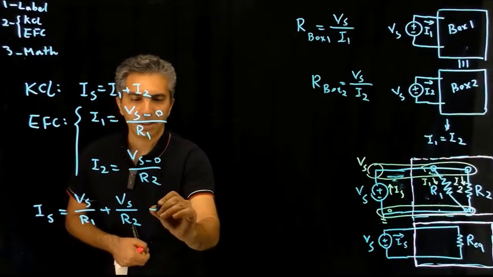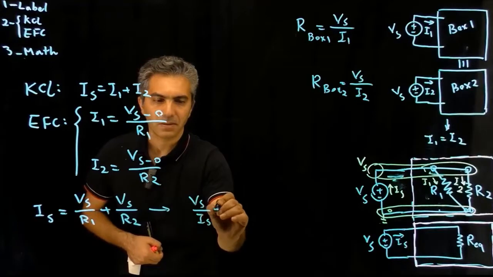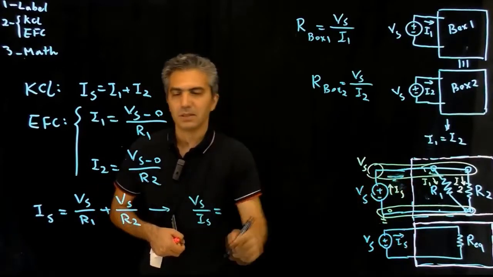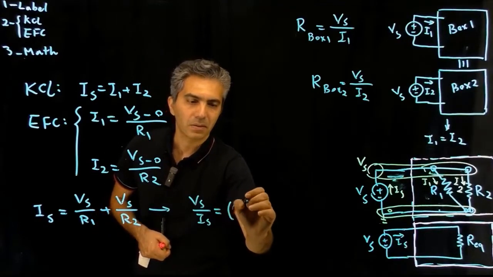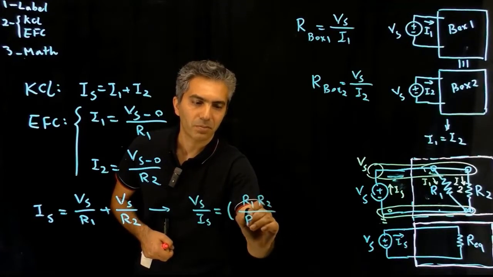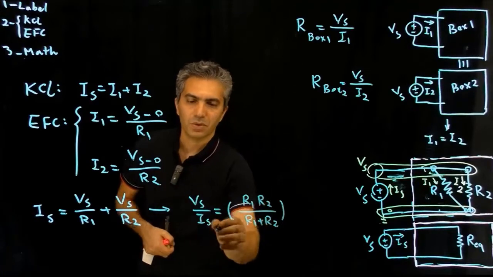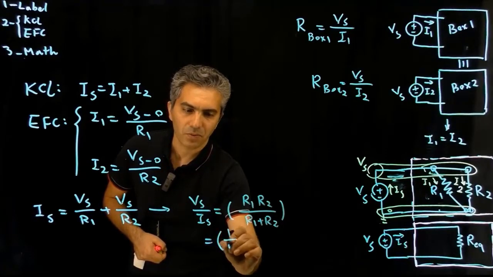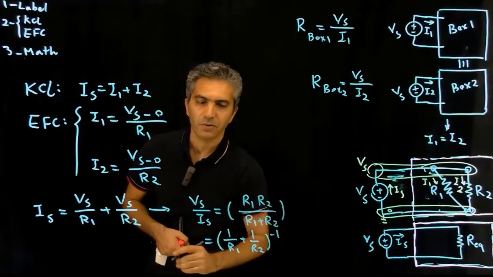But what I really care about is Vs divided by Is, because that would be the equivalent resistance of those two, and it ends up being R1 R2 divided by R1 plus R2, which you can rewrite as 1 over R1 plus 1 over R2, inversed.